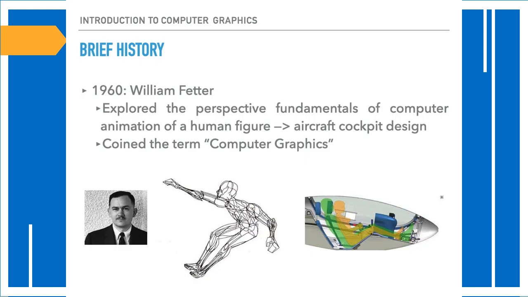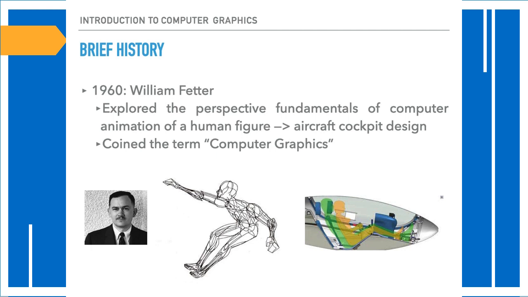Have you ever wondered who invented the term computer graphics? In 1964, William Fetter, an art director at the Boeing Company in Seattle, Washington, supervised development of a computer program that allowed him to create the first three-dimensional images of the human body through computer graphics.